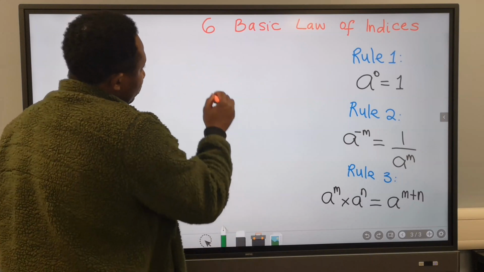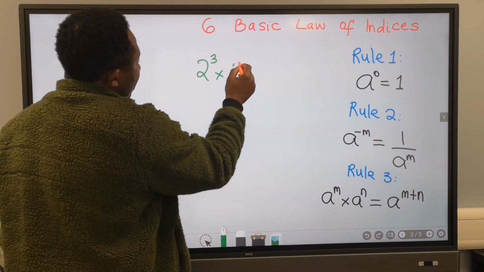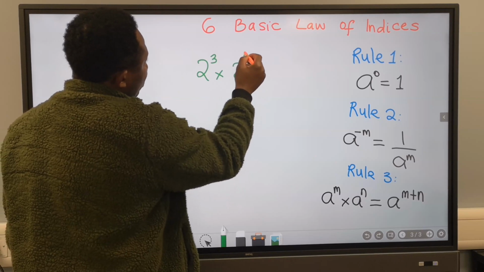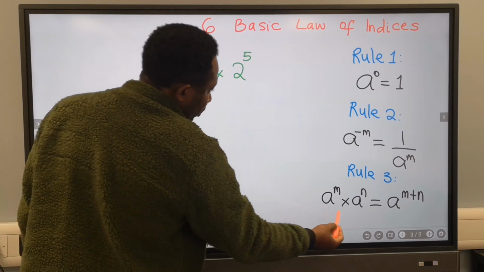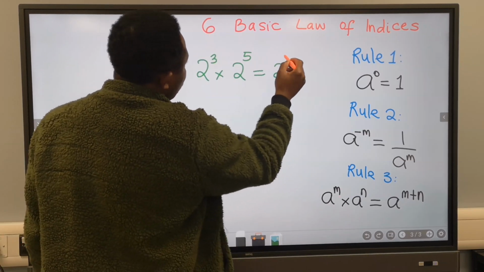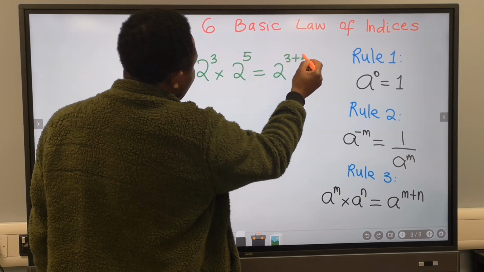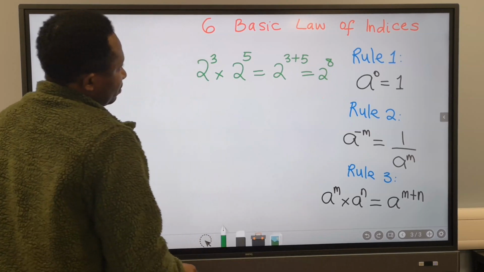For example, if I have 2 to the power of 3 multiplied by 2 to the power of 5, these two are the same according to this law. Hence, I'm going to have 2, then this will become 3 plus 5. I will end up having 2 to the power of 8.